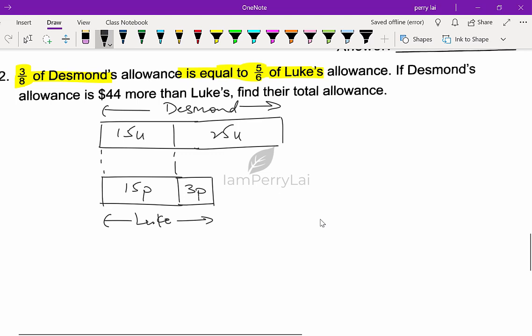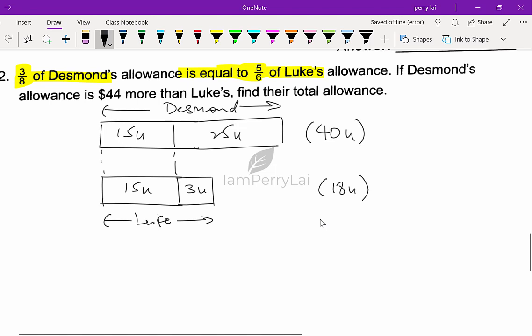Because this matches up, we can now change them all into units, since they all match up, each part is now equal to a unit as well. So what we have here is 40 units that belong to Desmond and 18 units that belong to Luke.